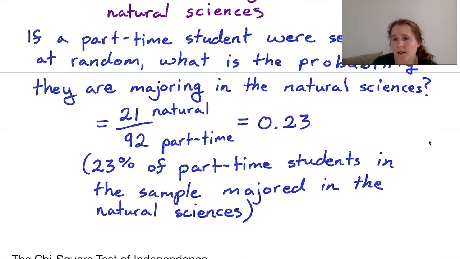So the question becomes essentially, when we pick a sample, we don't expect it to precisely match the population. At what point are our conditional probabilities from our sample different enough for us to say, then they're also different for the population?